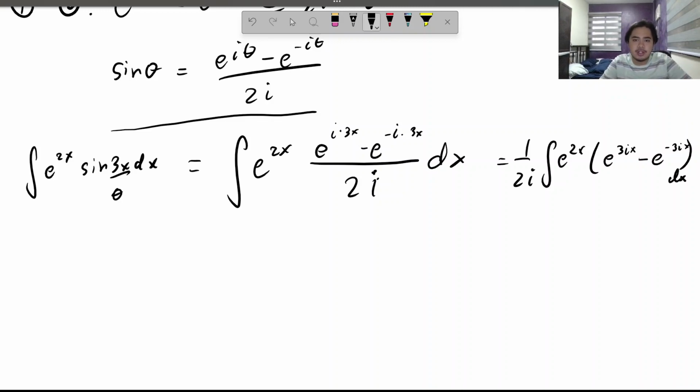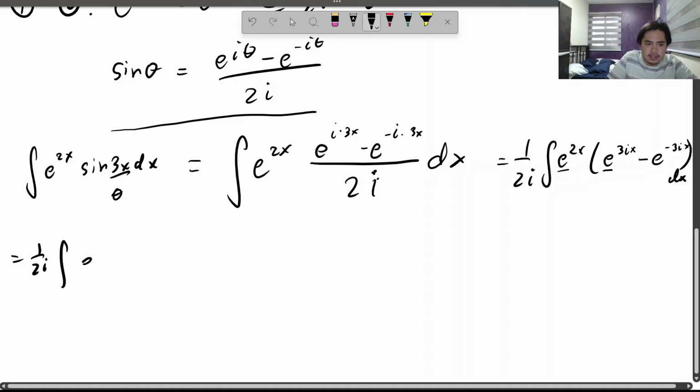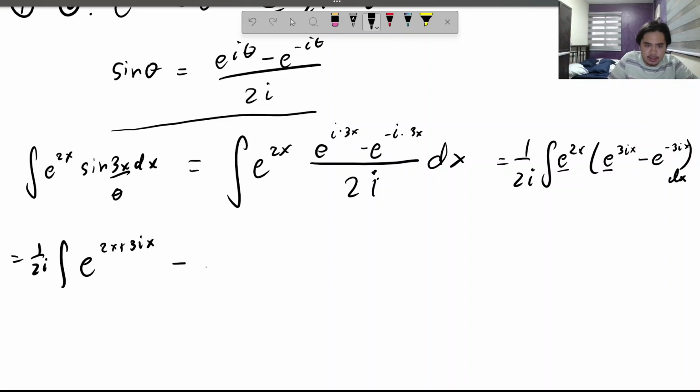The first rule is that if you're multiplying something with the same base, you can add their exponents together. So e to the 2x times e to the 3ix gives e to the 2x plus 3ix, minus e to the 2x minus 3ix dx.